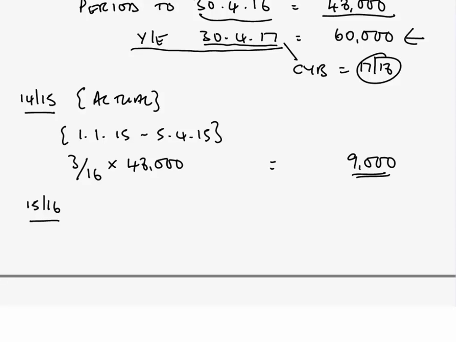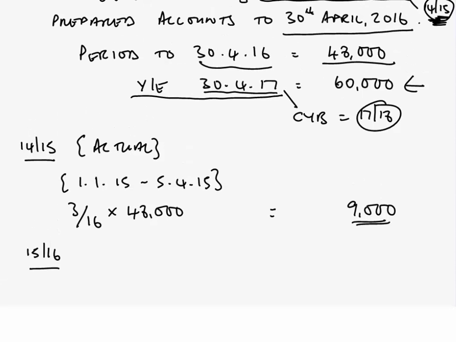Right, question. Do we have an accounting period ended in the 15-16 tax year? Well, you answer that. You can see where your first accounting period was prepared to the 30th of April 16. Does the 30th of April 16 fall in the 15-16 tax year?